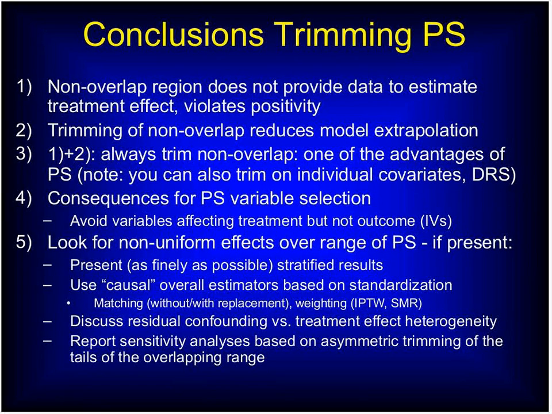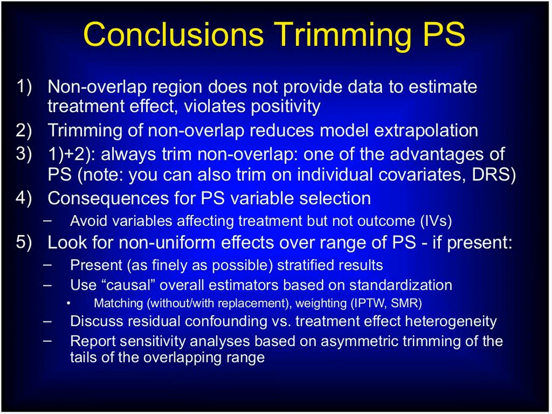This is the advantage of the propensity score, but you can obviously also trim for individual covariates outside of the realm of propensity scores, or you could trim on disease risk scores. So that's not specific to propensity scores, but the propensity score is an easy way to do that.